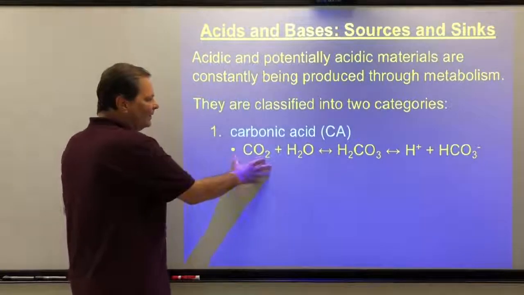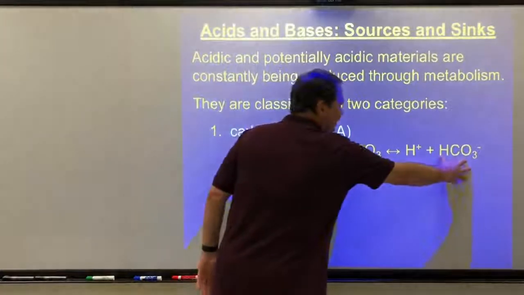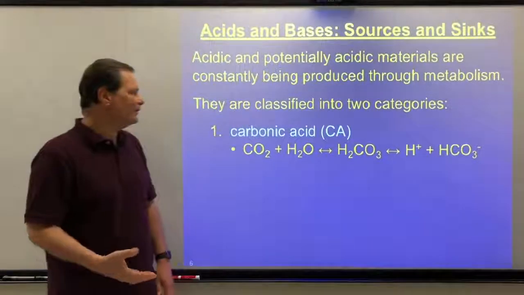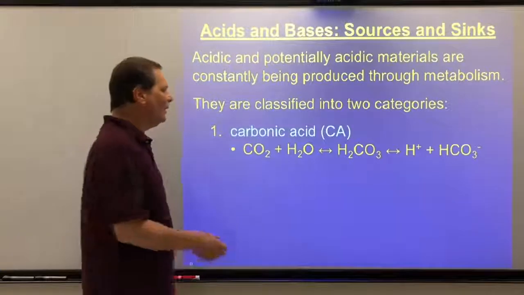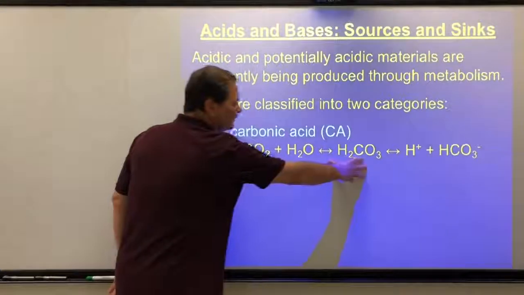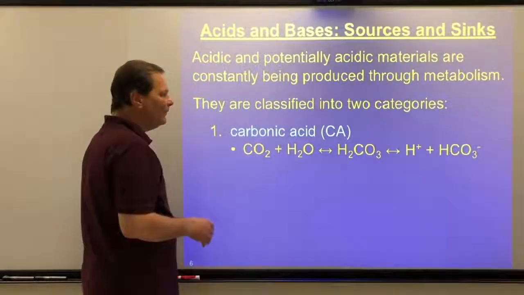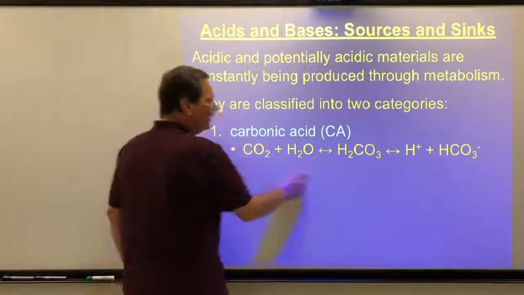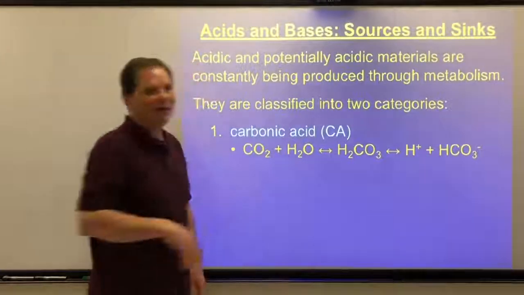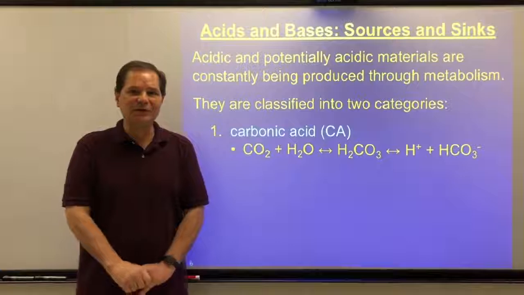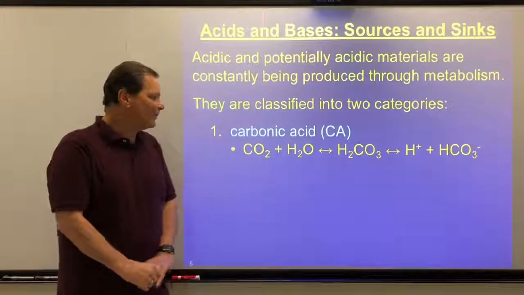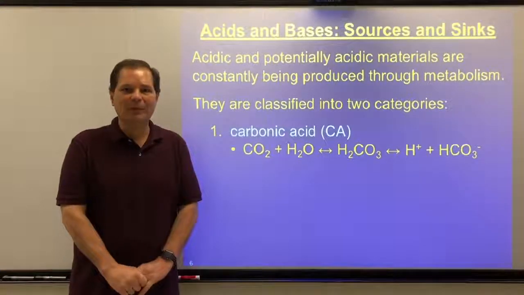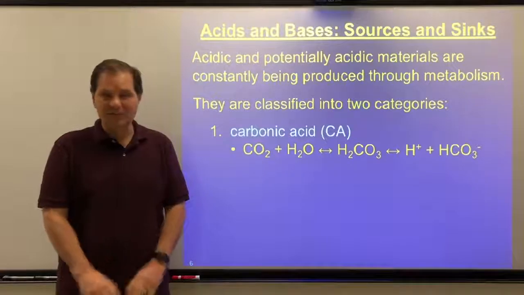When we talk about carbon dioxide, when we talk about bicarbonate, we're talking about molecules that are associated with our carbonic acid buffering system, okay? So they are a special class all on their own because they are the primary physiological buffers, and they also happen to be the molecules that we deal with for the most part when we talk about compensation, which I'll get to soon.